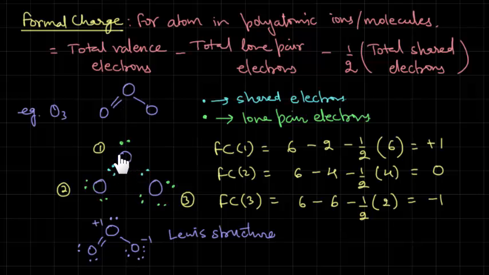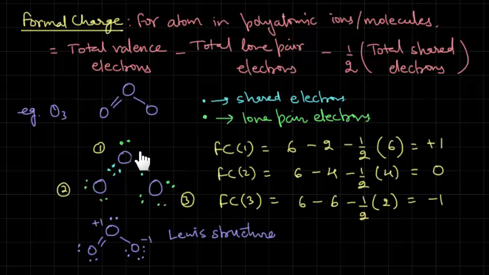For this oxygen atom, 1, 2, 3, 4, 5, 6. For this oxygen atom, all 6 are not used in the bond formation.